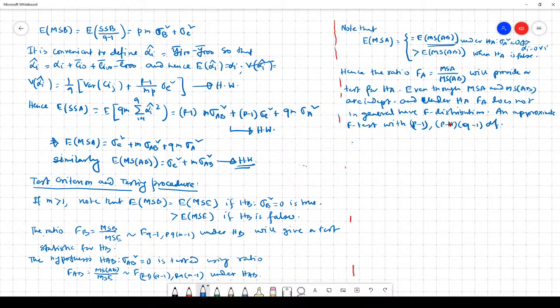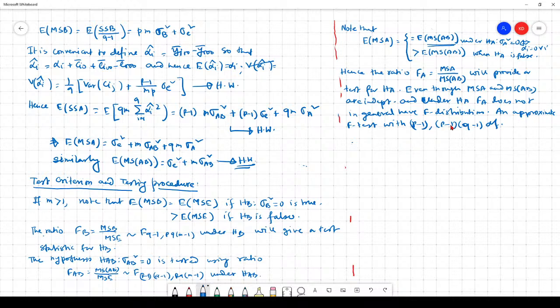But here we observe that this F ratio is not an F distribution, but we can approximate this by an F distribution with p minus 1 into p minus 1 degrees of freedom. So please note down this portion.